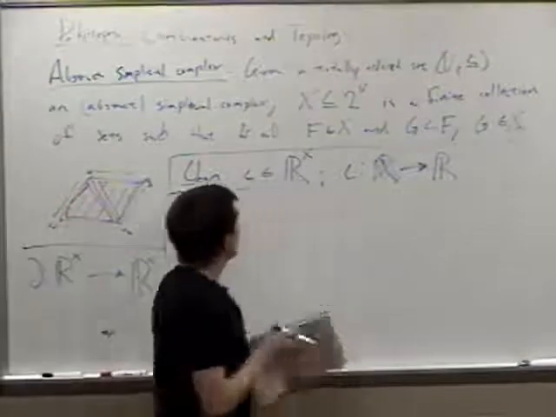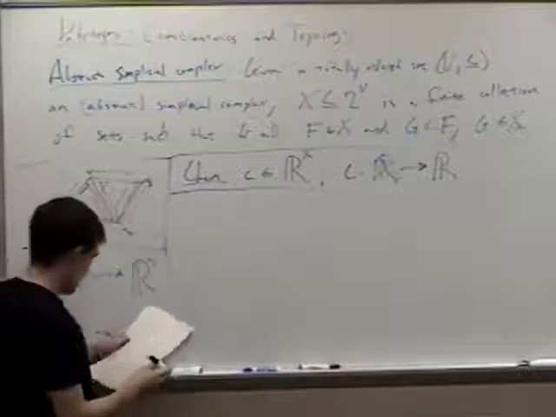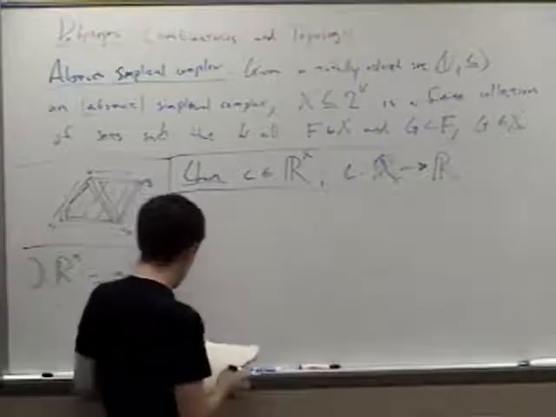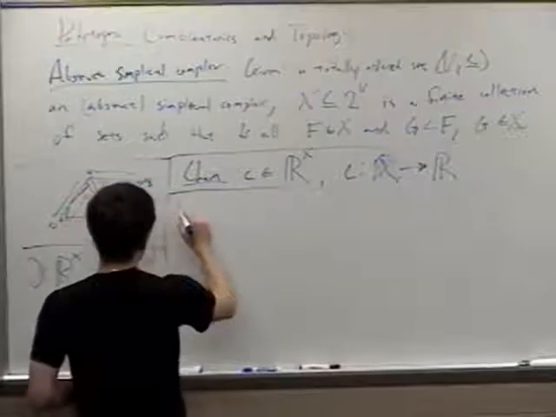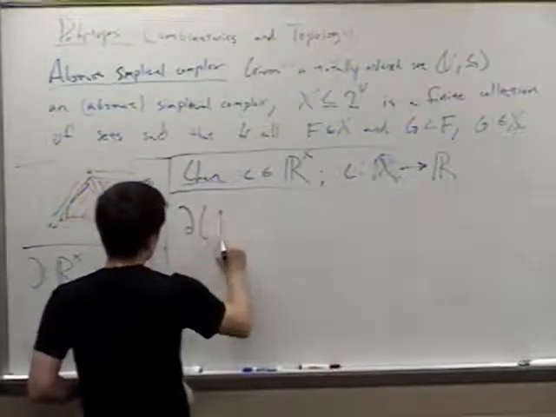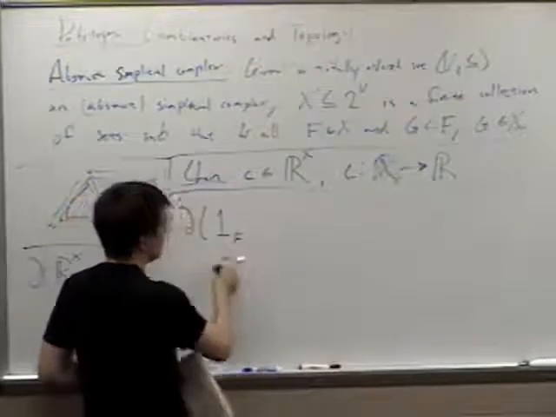Well, we're going to use this total ordering that we have on the set of vertices, and we're going to just sum up over all of the elements. So here's the idea. This function here, we're going to think of as the basis function for the face f.